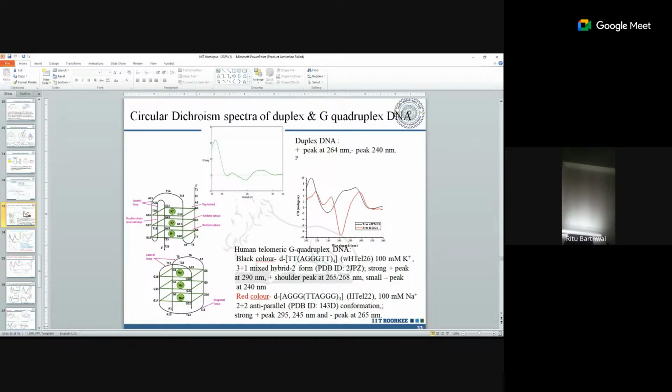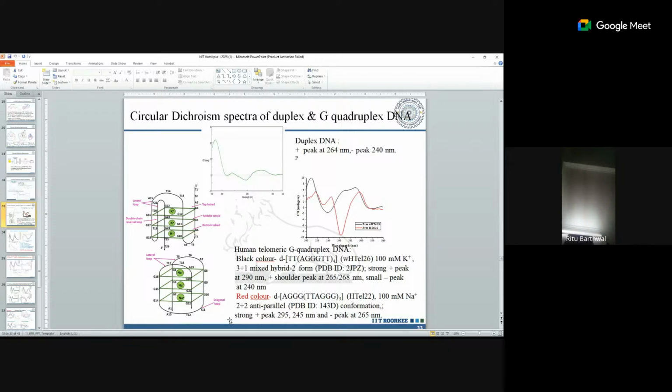So this is the 3+1 structure which I showed you, and this is the 2+2 structure which I showed you, red color. So the CD spectra are very different. If you take OD of this, OD will come out to be the same, because if you use, let's say, 1 millimolar DNA, then both are 1 millimolar. It will give you the quantity. CD will tell you, do you have a 3+1 structure? Do you have a 2+2 structure? Or is your DNA duplex or single strand?